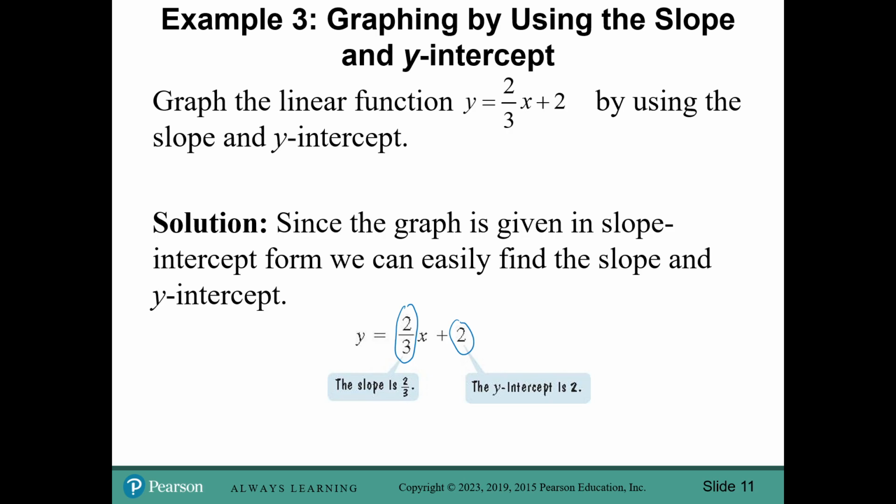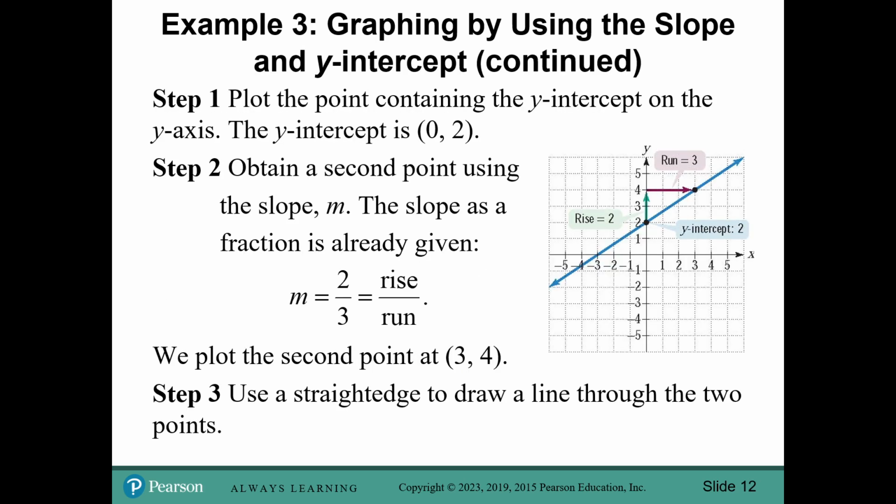Now the slope, I just want to reiterate something here. The slope is the number in front of the x. The slope does not include x. So the slope is 2/3, not 2/3 x. The slope is just the 2/3. It doesn't have an x on it. It's just the number in front of the x, and then the y-intercept is the constant there on the end.